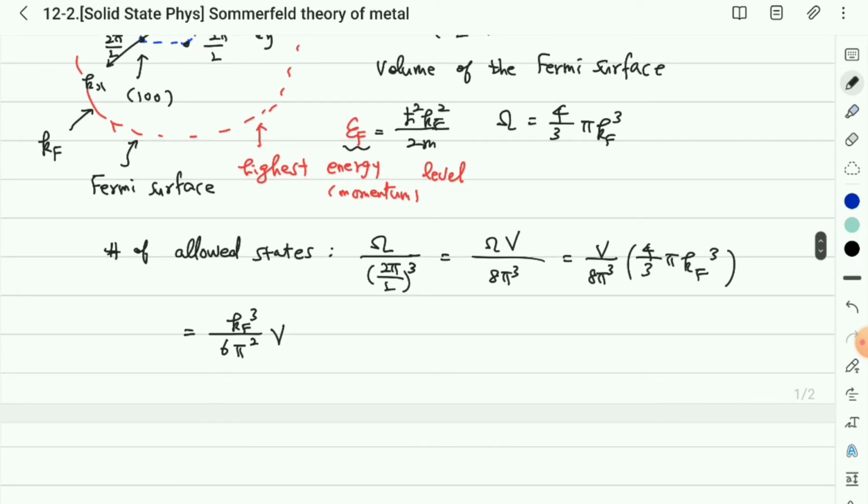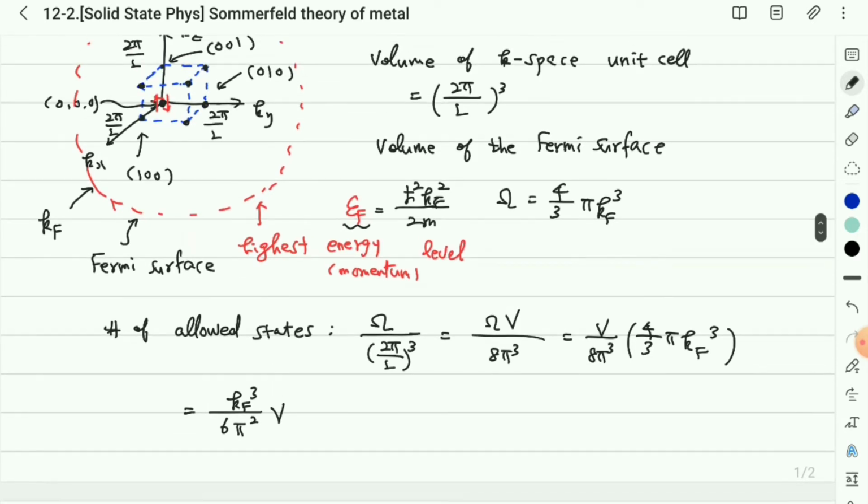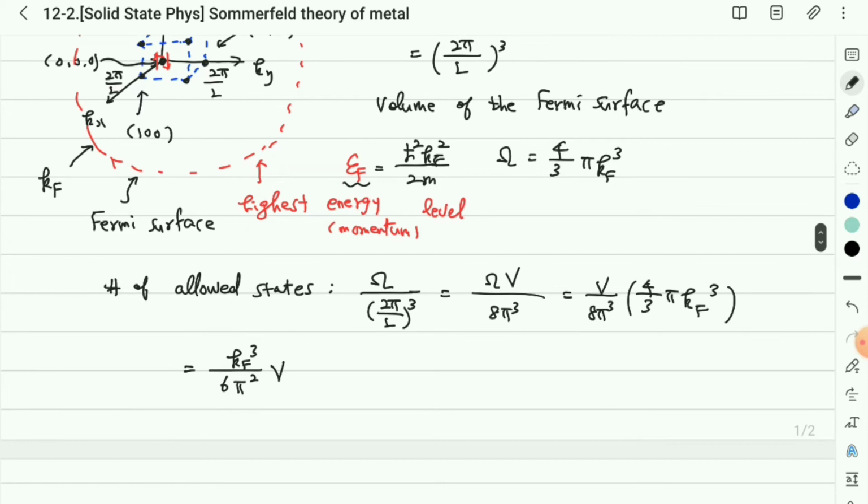Here V is the real sample volume, and kF is the Fermi momentum.